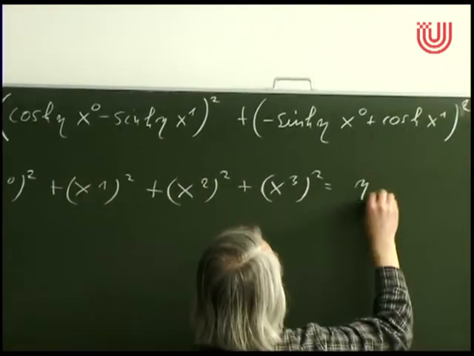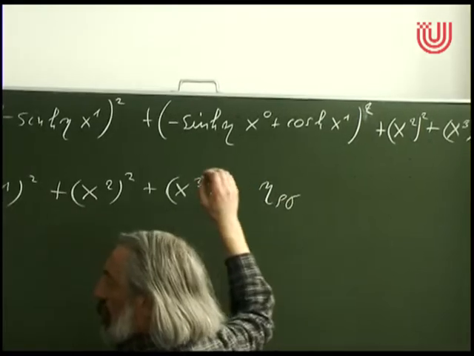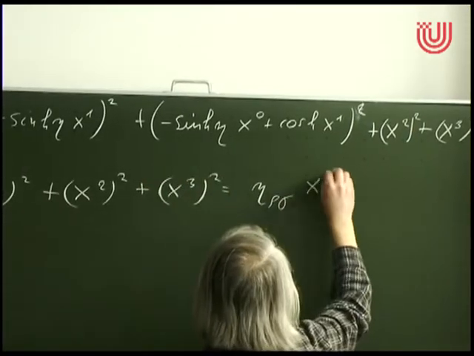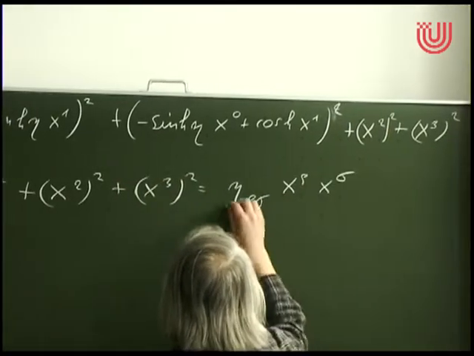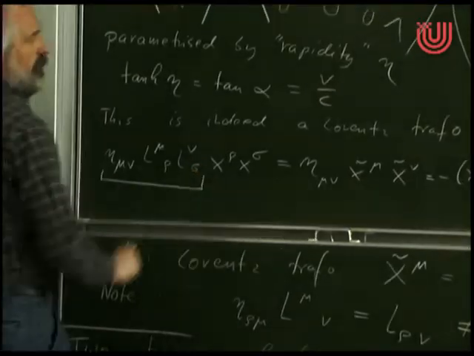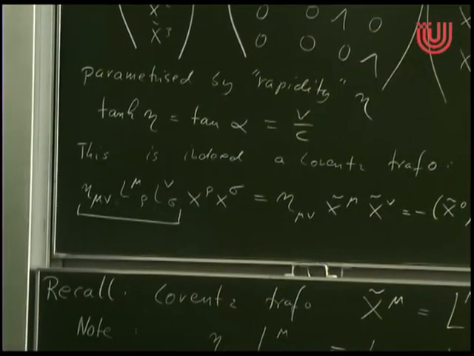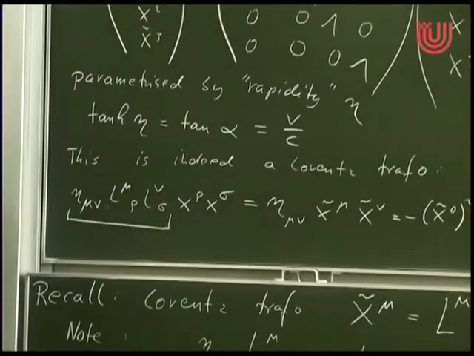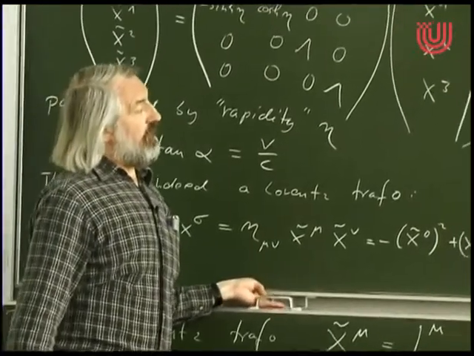And that's again eta rho sigma x rho x sigma. So this must be the same as this here, because it holds for all x's and it is symmetric. Yeah? So I have proven that this is a Lorentz transformation.